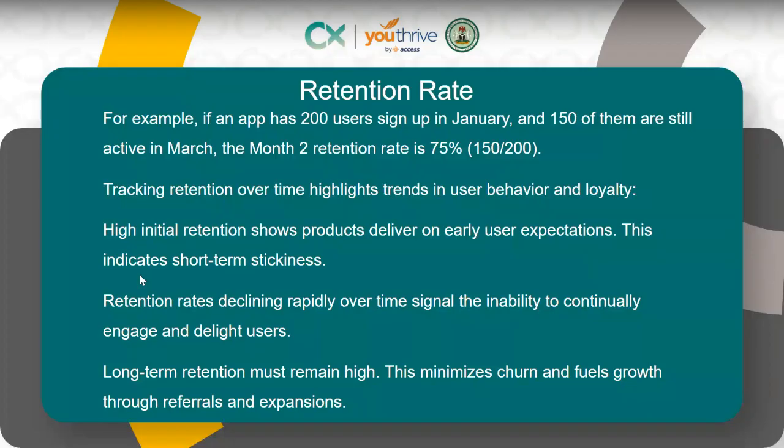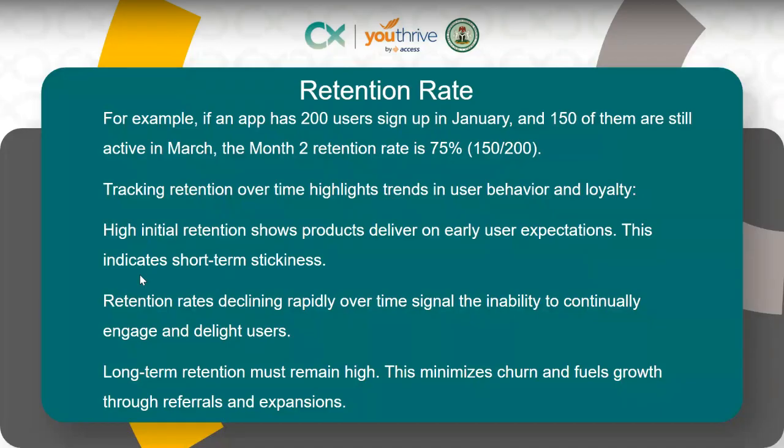Okay, 75% retention rate. I think that's still reasonable to some extent. So it means that about 50 people didn't return to use the product in about 2 months. All right.